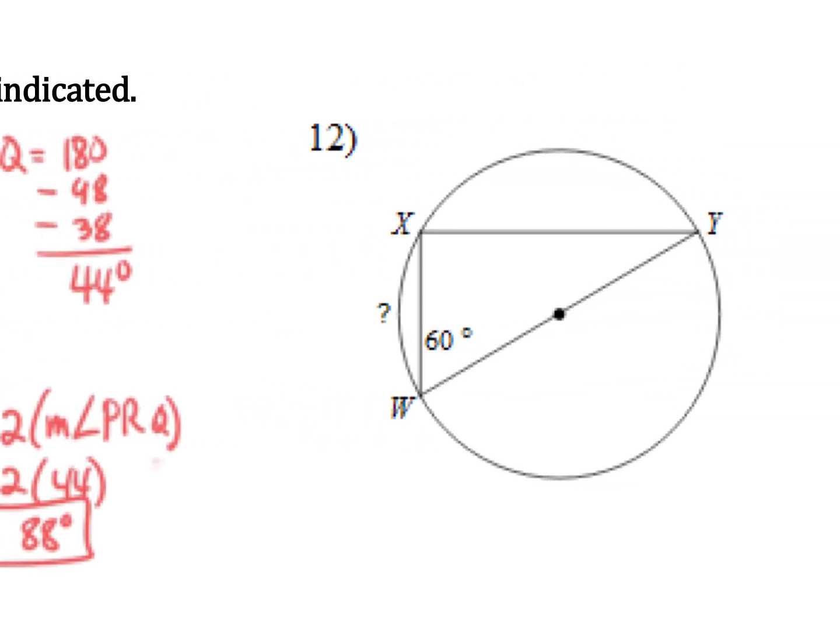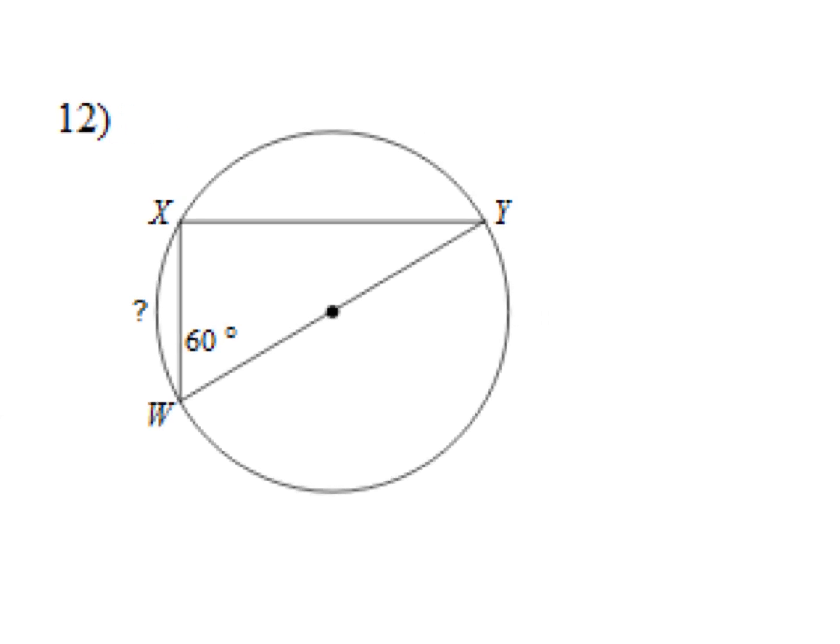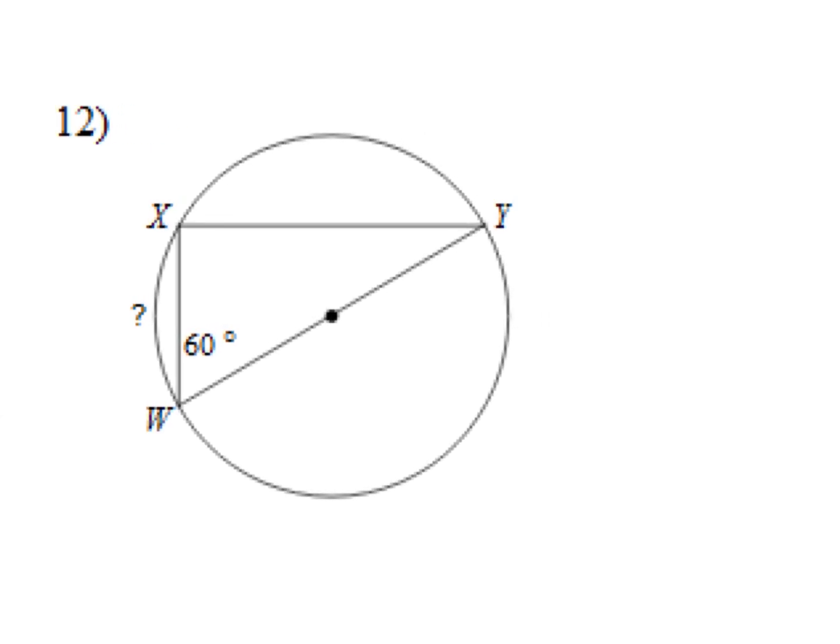Let's go for number 12. They are asking us for the arc again. Arc XW. This is also a special case because WY is a diameter. So in our special case, it states that an angle in a semicircle forms 90 degrees. It means this is 90 degrees, and if a triangle is only 180, then this is going to be 30 degrees.